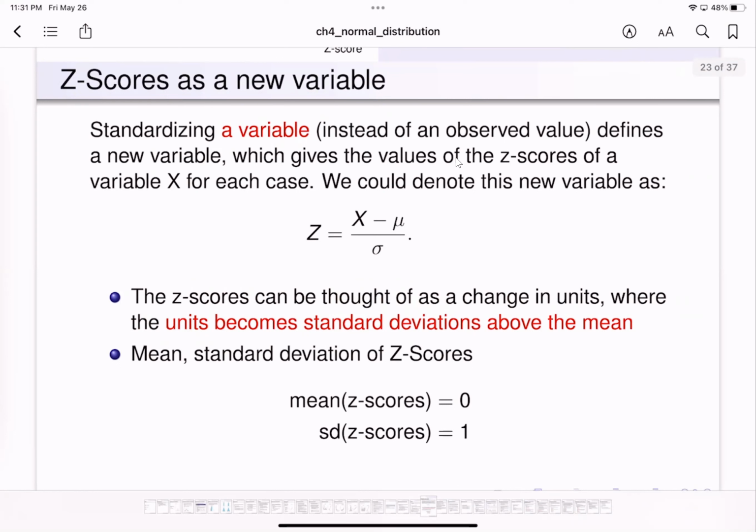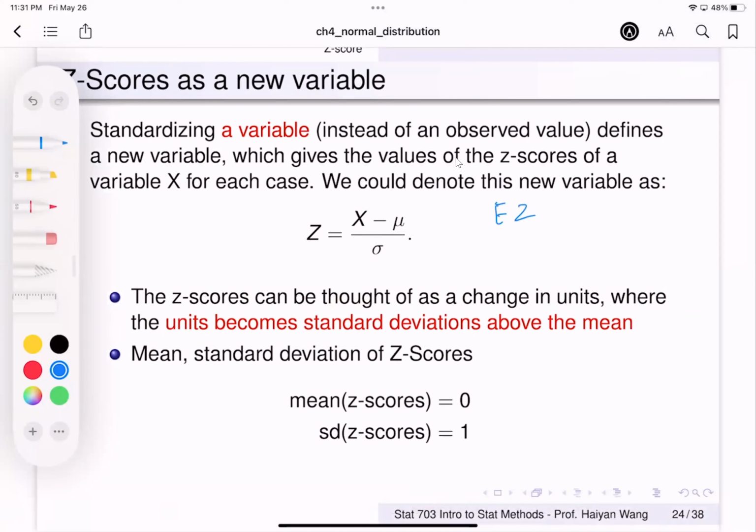If we look at the mean of the z-score, this is a linear function, and in the earlier lecture we learned that the mean of a linear function becomes the linear function of the mean. So it's E of (X minus mu) divided by sigma, and the expected value of X is equal to mu. Therefore, this is 0.